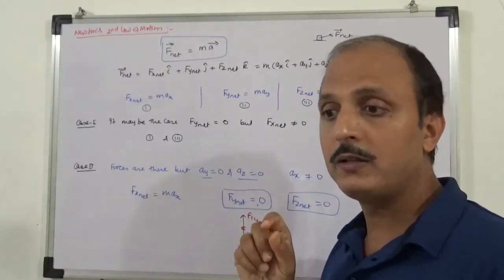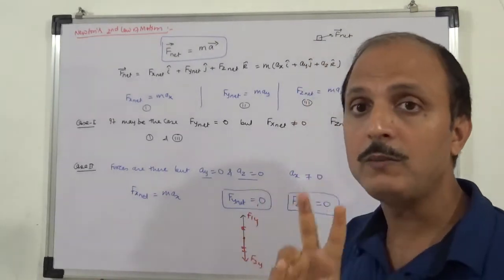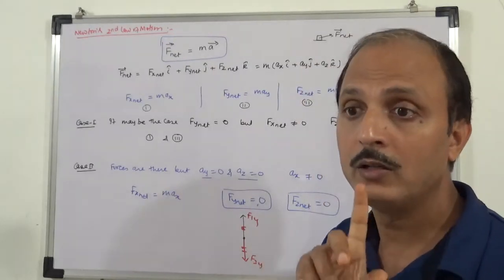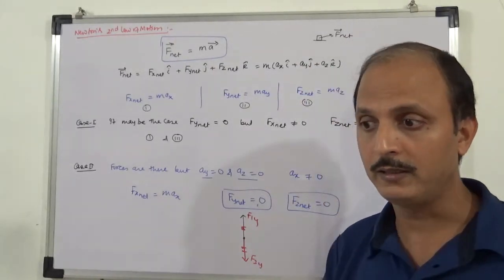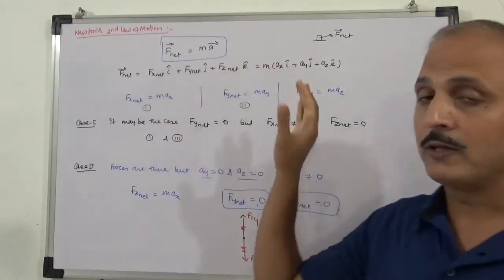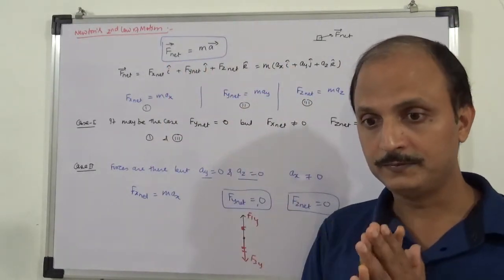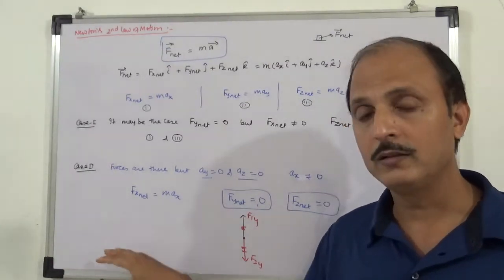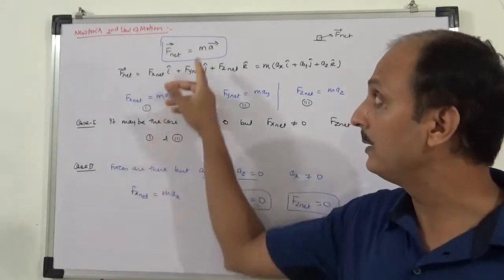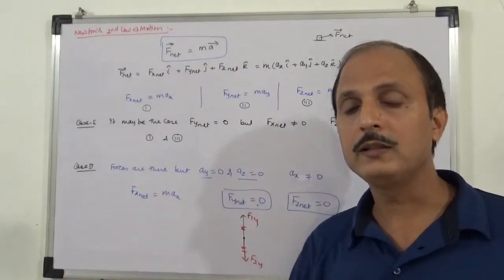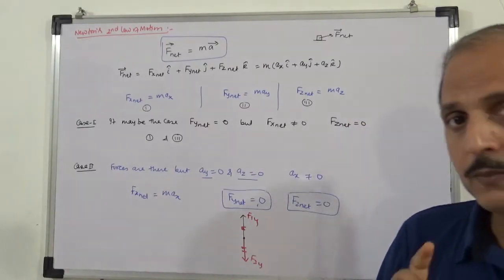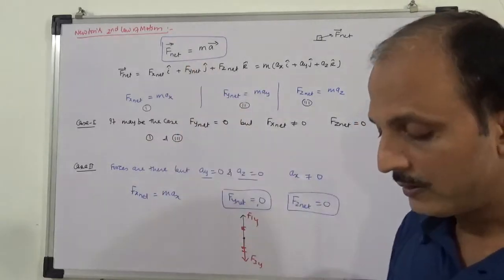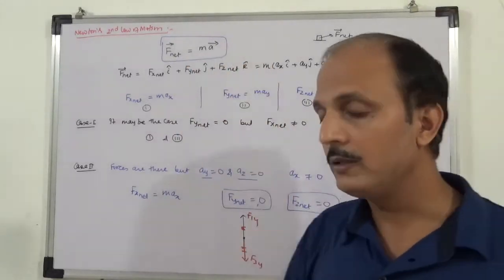And since force is a vector quantity, any vector can be resolved into three mutually perpendicular directions, in a rectangular coordinate system. I hope everyone is clear on this. And the equation I am writing here, write below it, this is when the observer is in an inertial frame. Below the limit, this equation is valid only when the observer is in an inertial frame. Write this. What is an inertial frame, what is a non-inertial frame, we will come to that. So this equation is valid only when the observer is in an inertial frame.